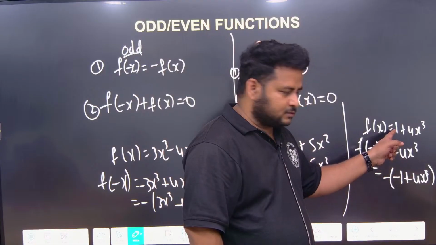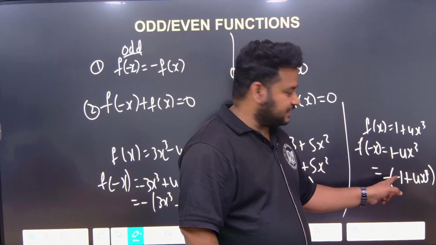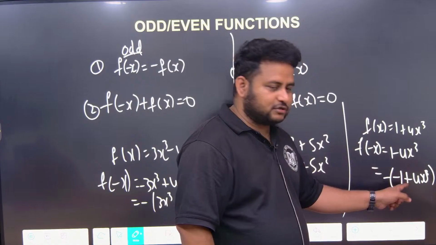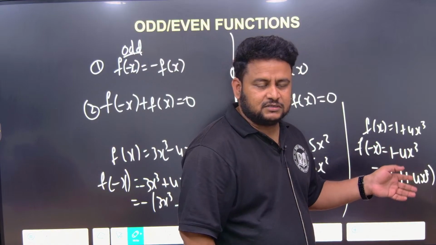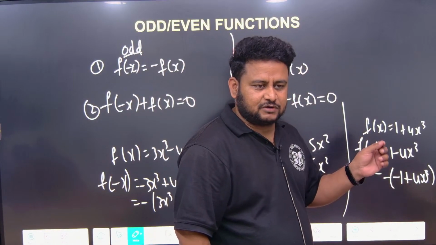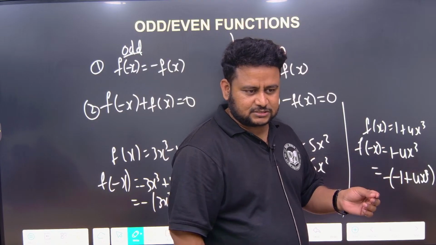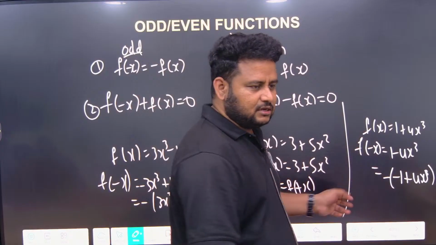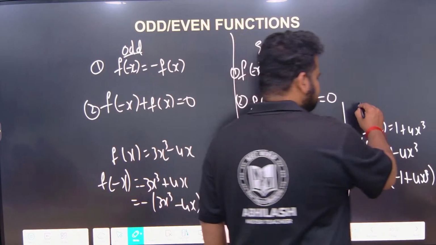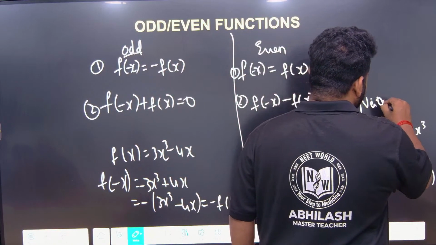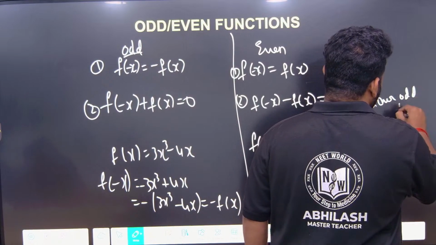It is not coming as minus f of x, the function itself is changing. F of x is 1 plus 4x cube, but here I am getting minus 1 plus 4x cube. This is neither odd nor even, just like I told you, greater than or equal to is less than or equal to, sometimes you cannot say that, sometimes it will be greater than, sometimes less than. Here also you cannot say it is odd or even. So you can have functions which are neither odd nor even.